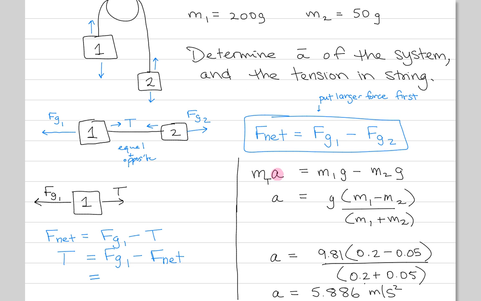So Fg1 will be 0.2 times 9.81 minus Fnet, which is 0.2 times 5.886.